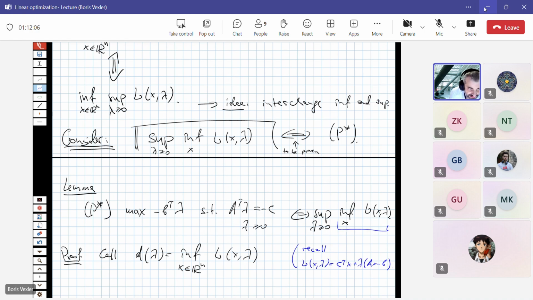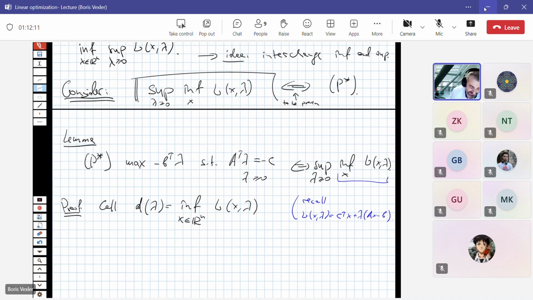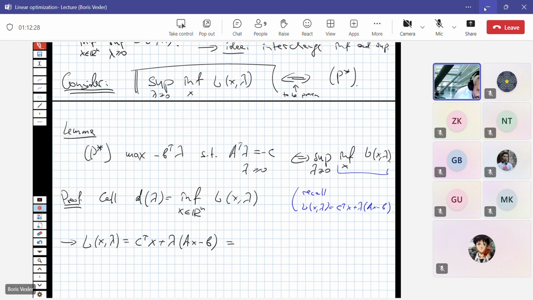Let us now understand what we can say about this d of lambda. First of all, we rewrite our L. L was c transpose x plus lambda transpose (Ax minus b). Here transpose was missing, lambda transpose.